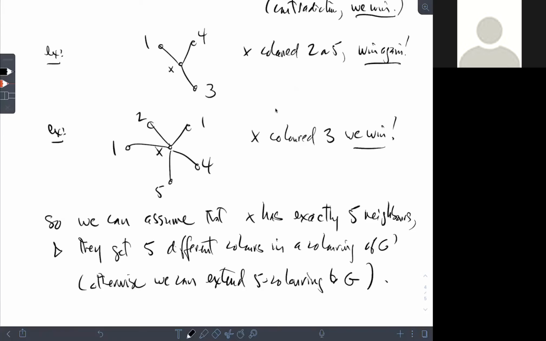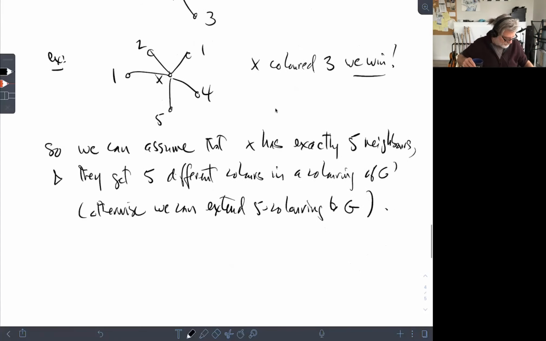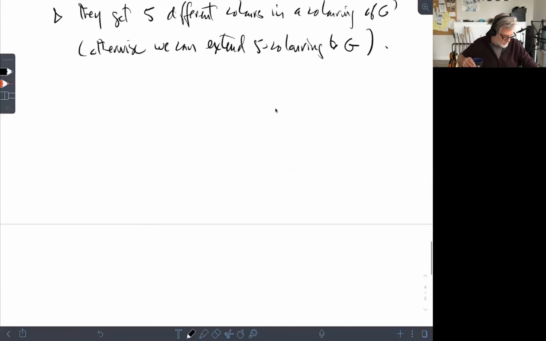Yeah, okay. So this vertex has 5 neighbors, and I know that if I remove X, I can 5 color the whole thing, and the 5 neighbors will get 5 different colors, because if not, I can always extend the coloring, and I'm done. All right, so the situation looks something like this.